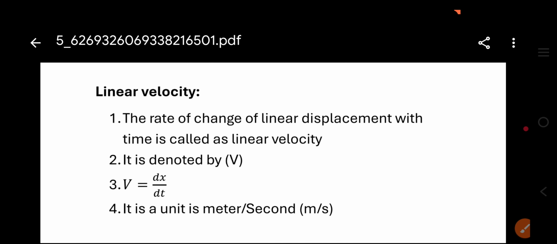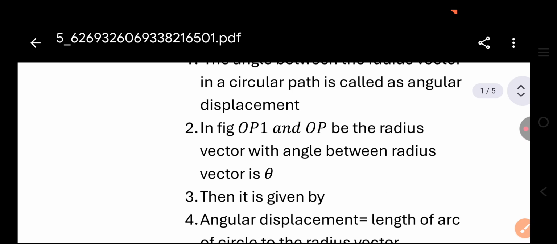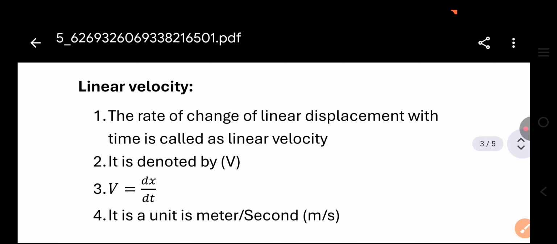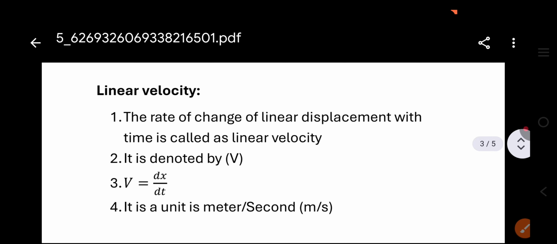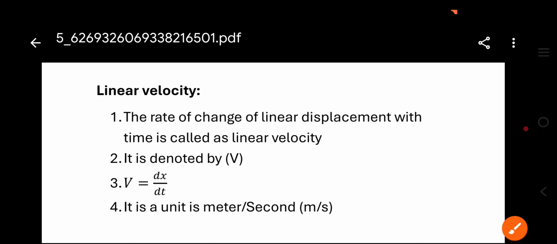Then linear velocity. The rate of change of linear displacement with time is called linear velocity. It is denoted by v, given by v equal to dx upon dt, and its SI unit is meter per second.